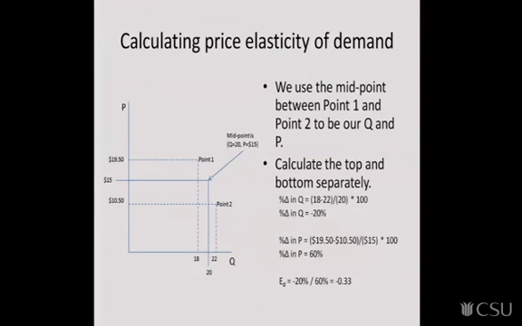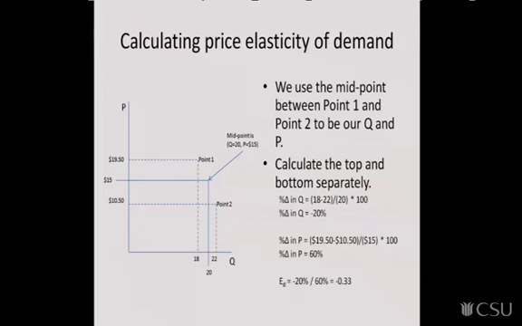In this case, it's negative because it's a demand curve. Prices go up and quantities go down along demand curves. That's what the law of demand says. So the change in price and the change in quantity are opposite in sign, so we get a negative number. In the book, you throw that negative number out, and we just arrive at a positive number. It's just a convention. So the elasticity of demand here is a third.